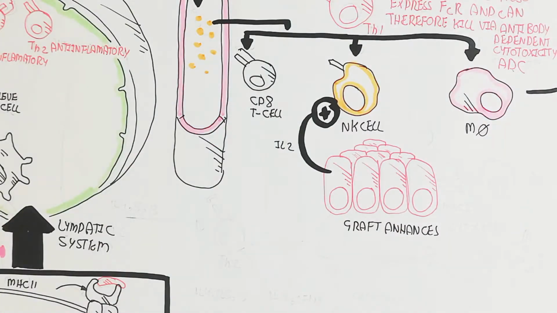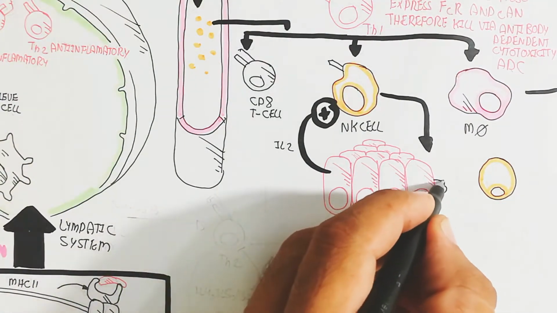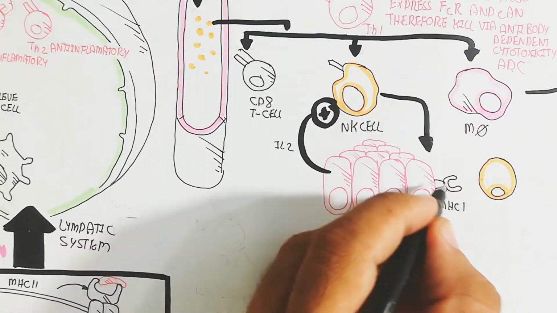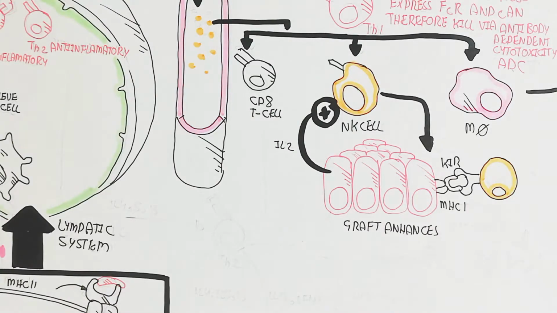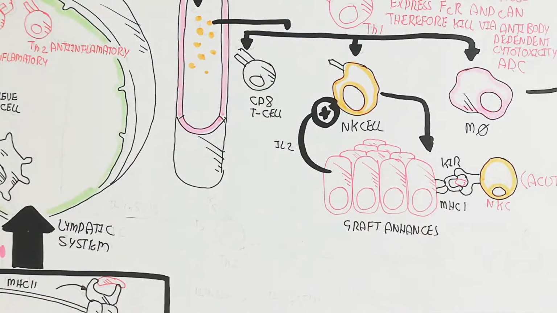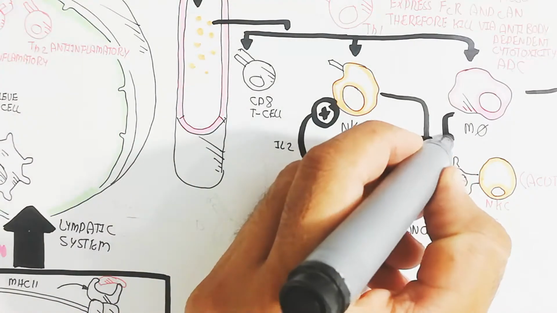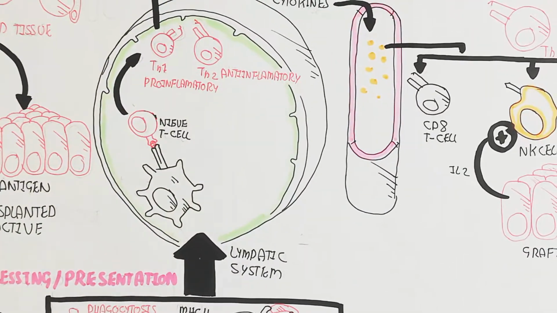The natural killer cell is recognized in the acute phase, and in this acute phase cytolysis occurs. The acute phase means complete damage of the grafted tissue.